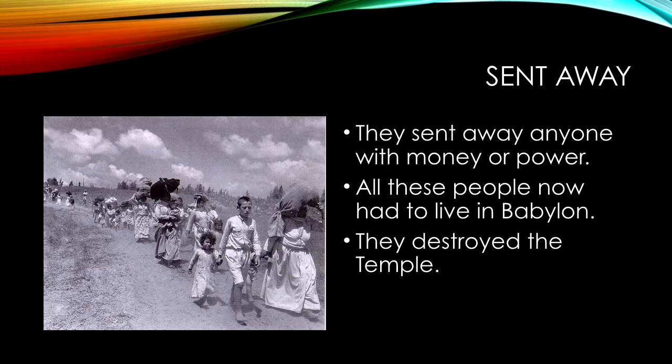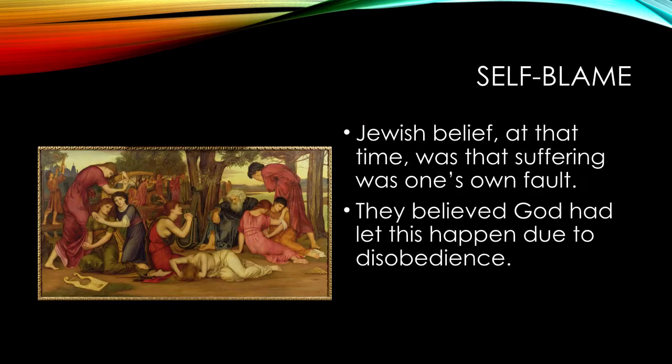Now, it's important to understand that the exile also was a source of shame for the ancient Israelites. Jewish belief at that time, and the exile is kind of what makes them become known as Jews, and we'll deal with that later, but Jewish belief at the time was that suffering was one's own fault. They believed God had allowed the exile to happen because of their disobedience.